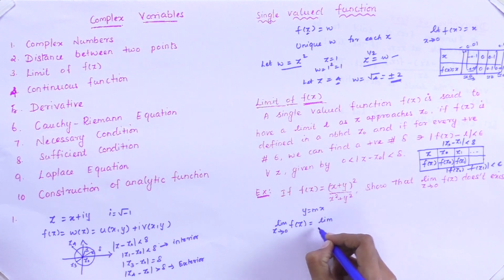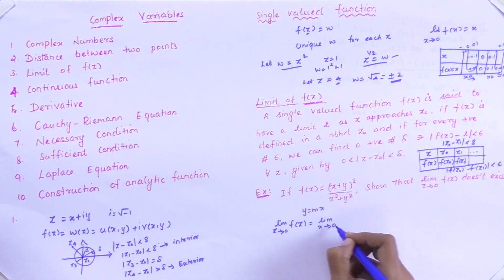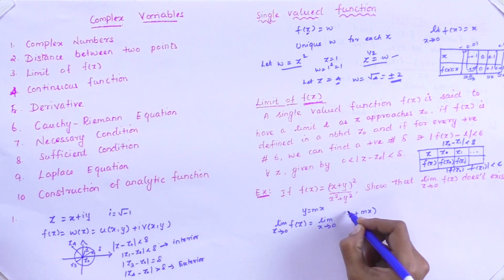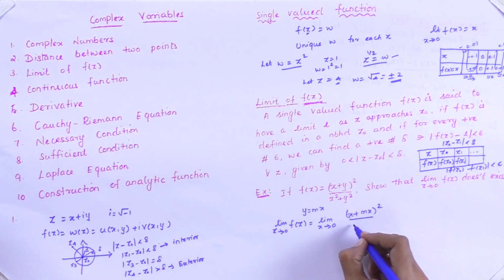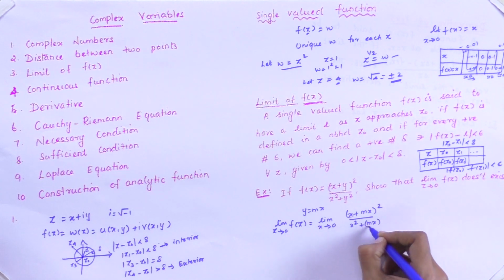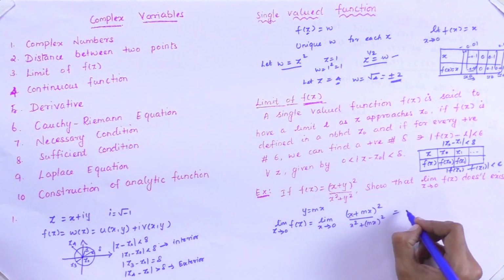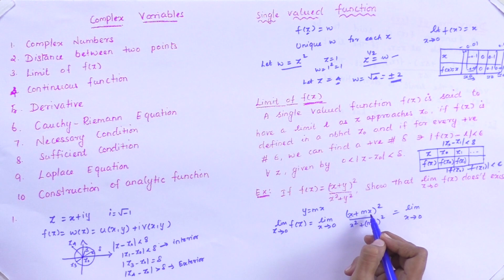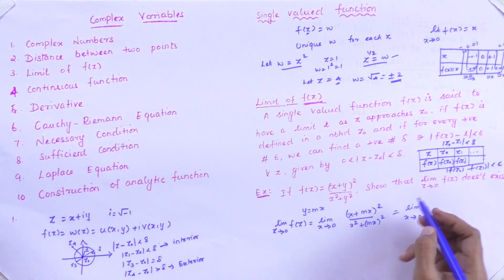So limit x tends to 0, x plus mx whole squared upon x square plus mx the whole square, which is equal to limit x tends to 0. We can take x as a common factor and take it outside.